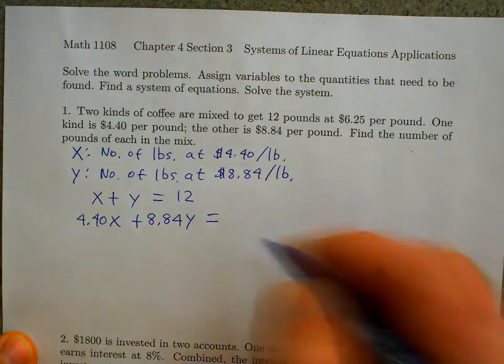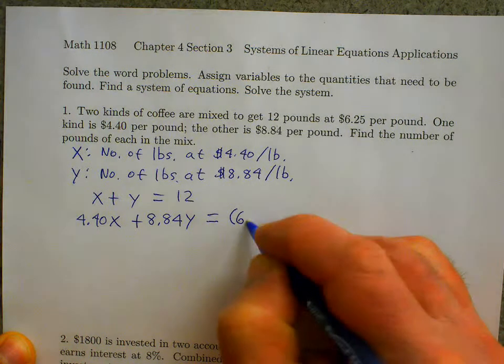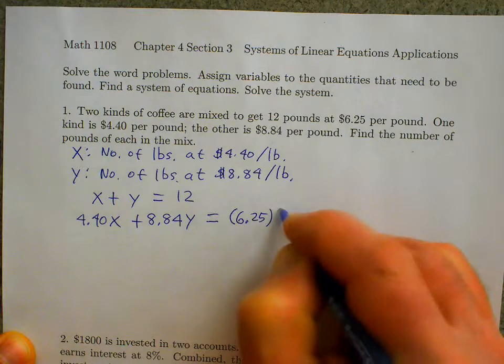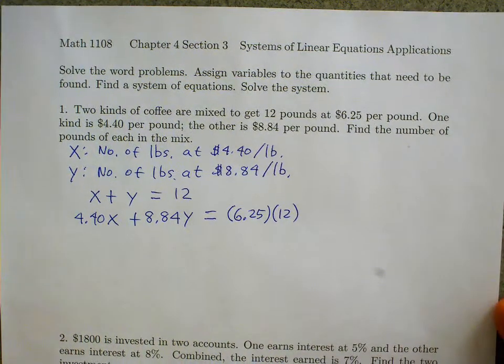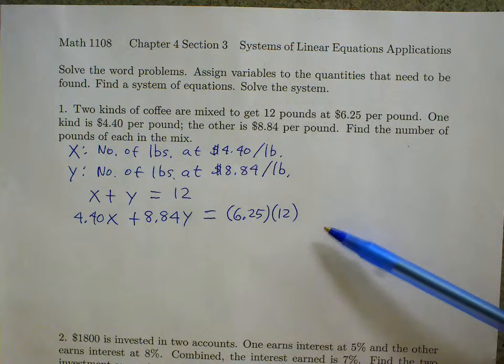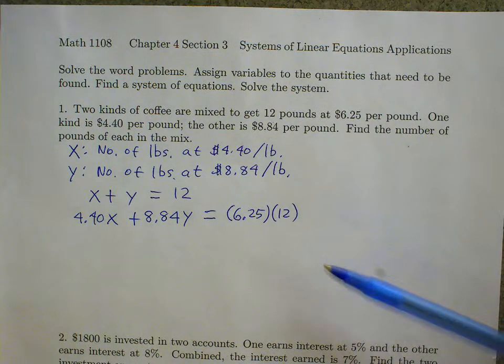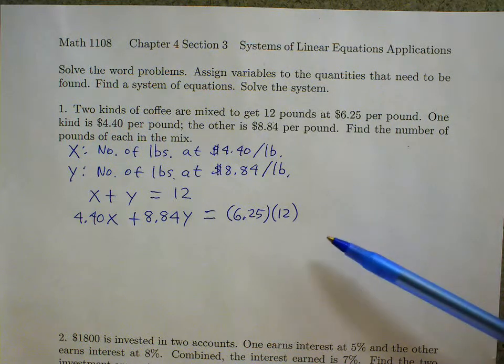So on the right-hand side, we multiply 6.25 times 12. There is our system, and we can solve it by using either substitution or elimination.